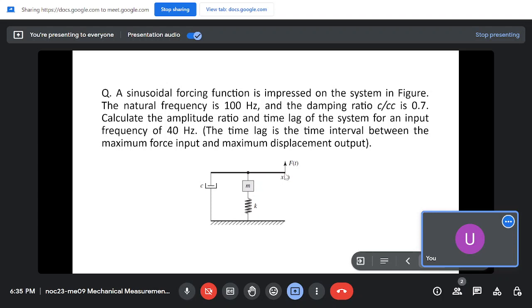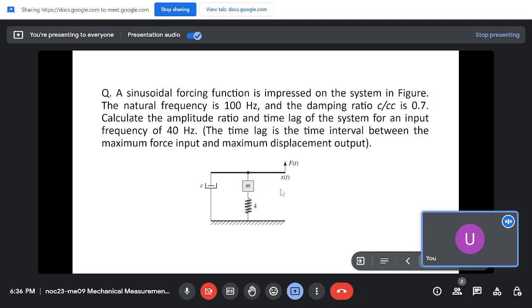One end of the lever is connected to the damper, and at the other end you are applying a force, which also has a displacement x with respect to time, because this is a harmonic input, so force and displacement vary with time.